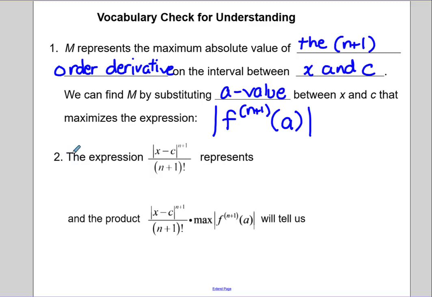Let's fill in the rest of the vocab. The expression absolute value of x minus c to the n plus 1 power divided by the quantity n plus 1 factorial.